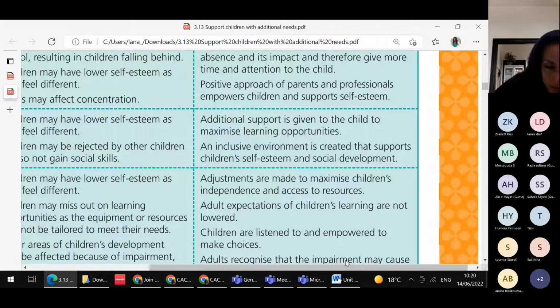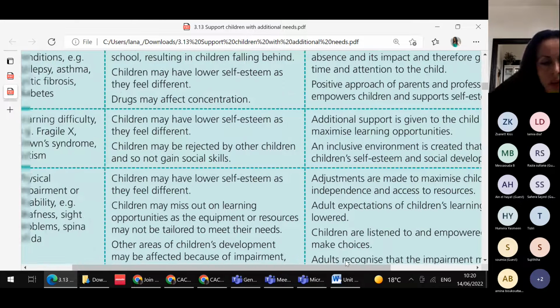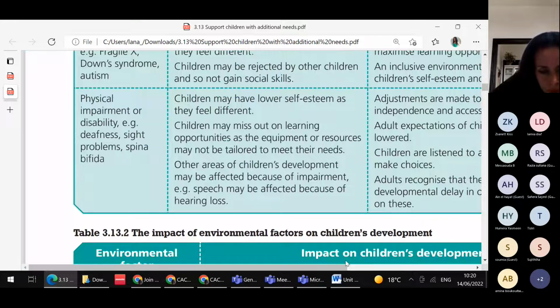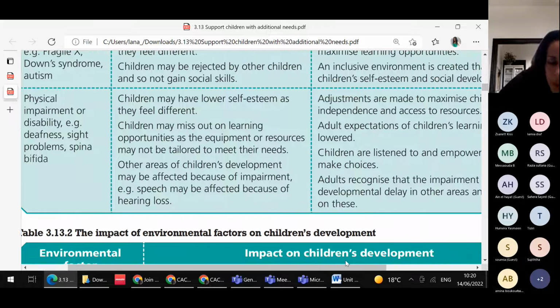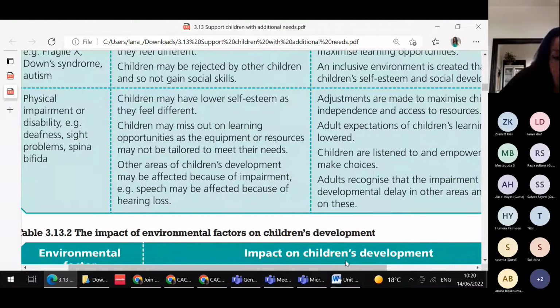Also, we have physical impairments or disabilities, for example deafness or sight problems. All this is another physical problem that a child may suffer from. So what's the potential impact on a child?